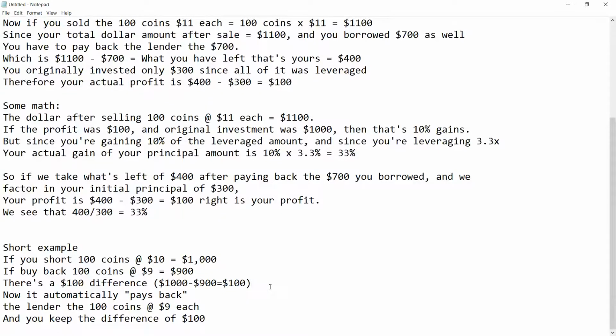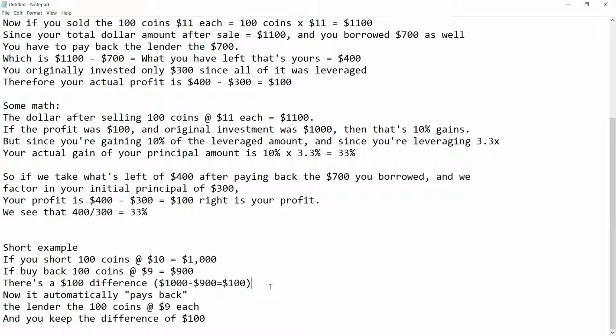Now going short is the exact same thing, except there's a few different concepts behind it, okay? So if you short a coin, what it means is you're borrowing a specific amount of coins from the lender, right? So just as an example, if you short 100 coins, it means you're borrowing it from some guy right now, right? At $10 each.